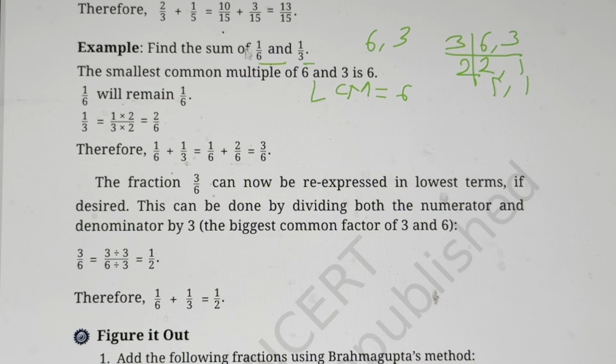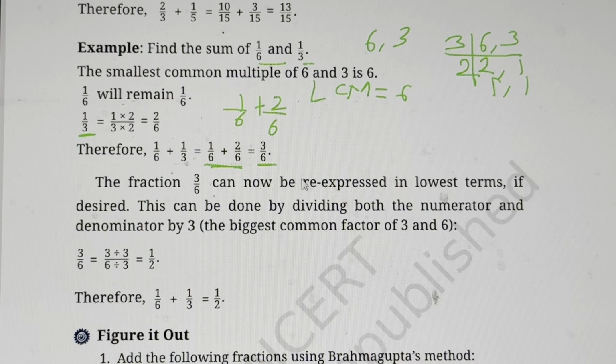Now 1 upon 6 is already with the denominator 6. So we just need to convert 1 upon 3 into denominator 6. So we multiplied by 2 because 3 2s are 6. So you get 1 upon 6 plus 2 upon 6, which is 3 upon 6.